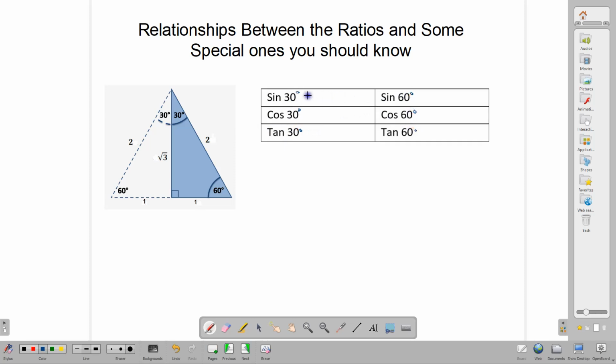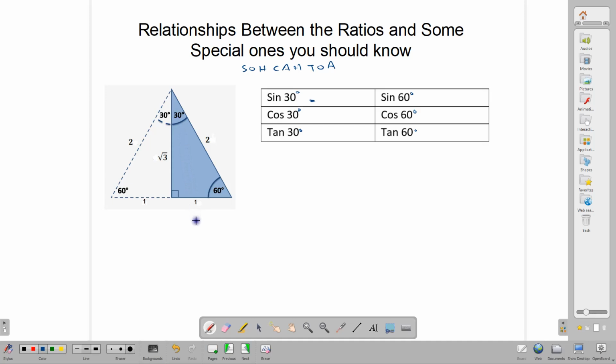So let's write these down. The sine of 30, remember, so sine is opposite over hypotenuse, cosine is adjacent over hypotenuse, and tangent is opposite over adjacent. So the sine of 30, here's our 30. It means that in relation to this 30, 1 is the opposite side.